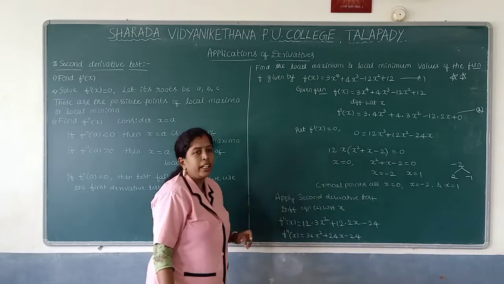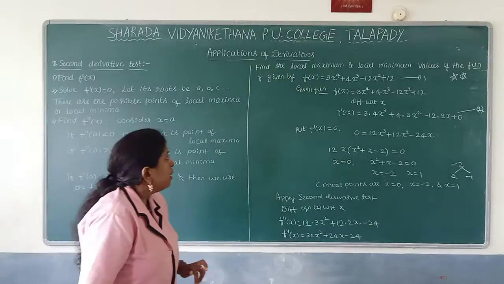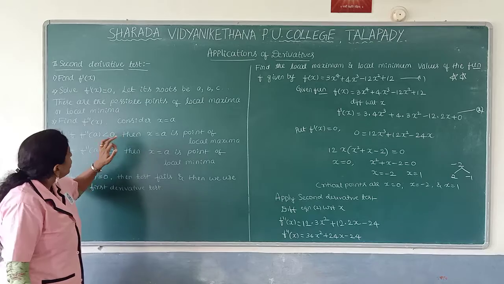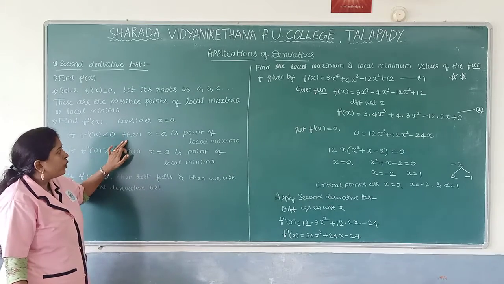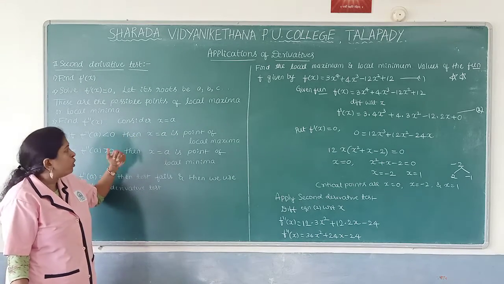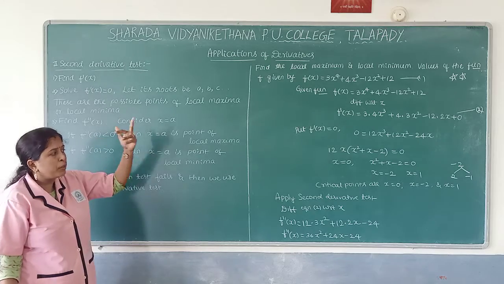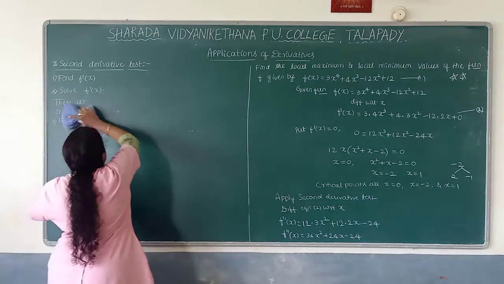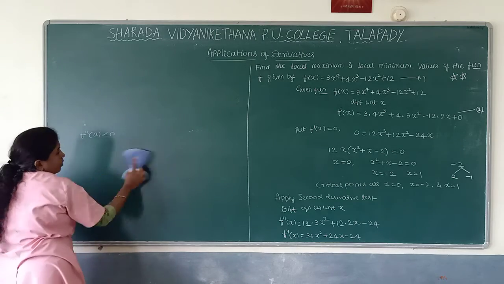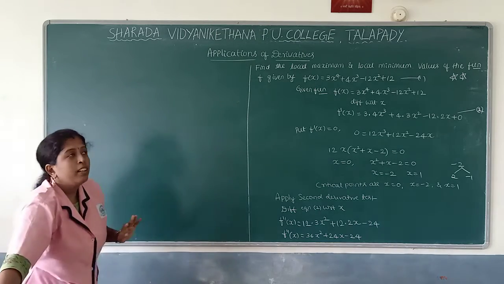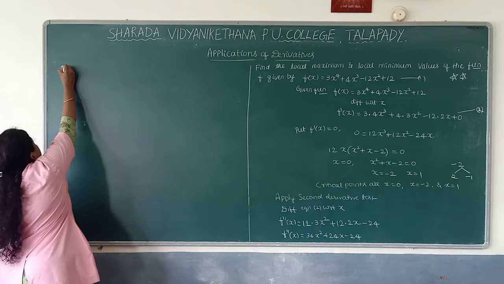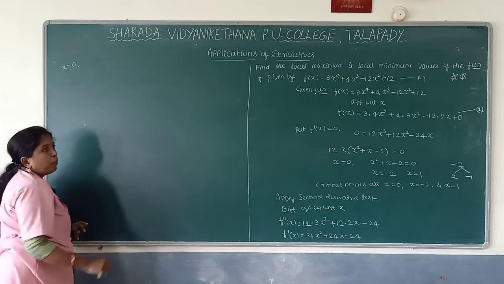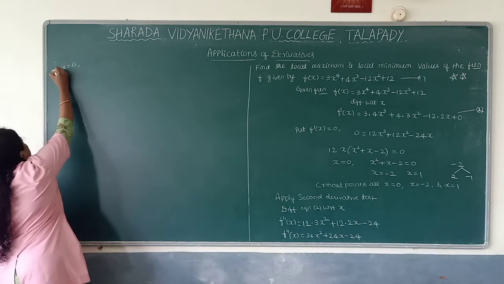You got the second derivative value, but I want to check whether the second derivative value is less than 0 or greater than 0 after substituting the critical points. Now, next is one point. Firstly, I am going to take the point x is equal to 0.